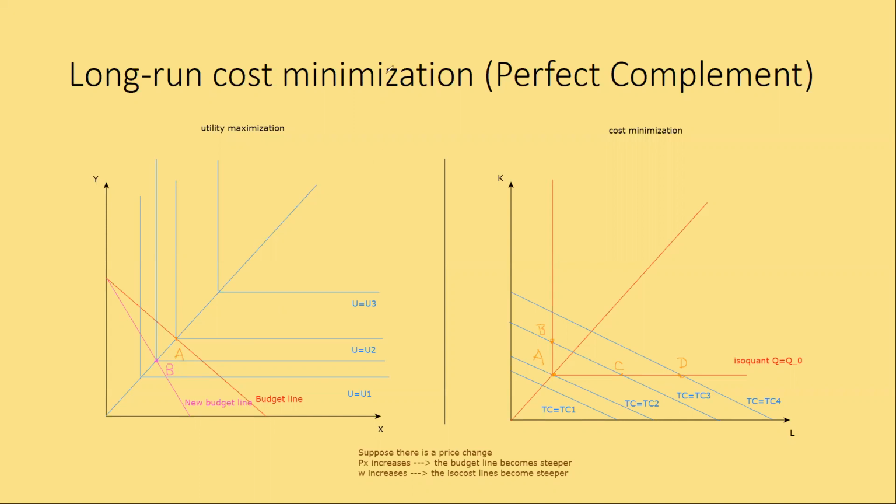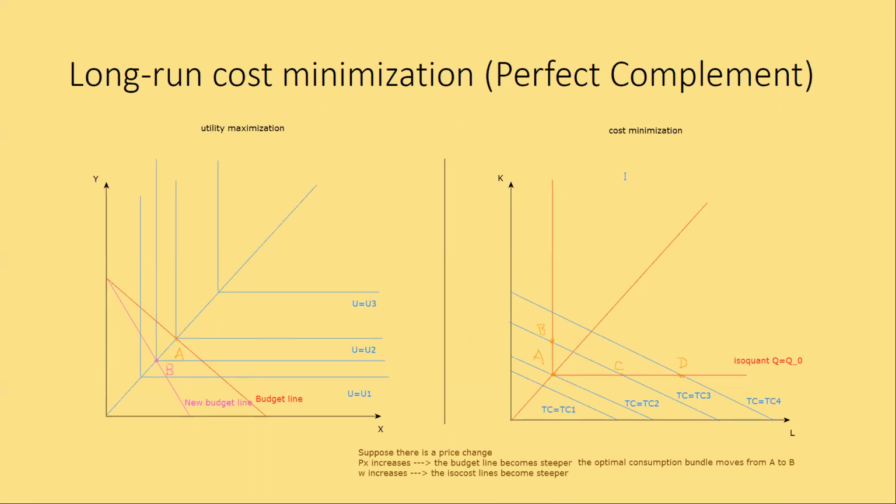So the optimal point moves from point A to point B, right? When the price of good X increases, you can no longer afford point A. So point A is outside of the new budget constraint, and you will have to choose point B instead.